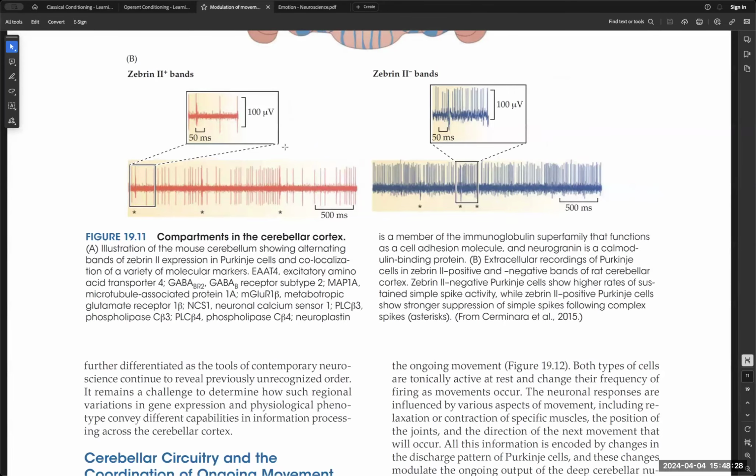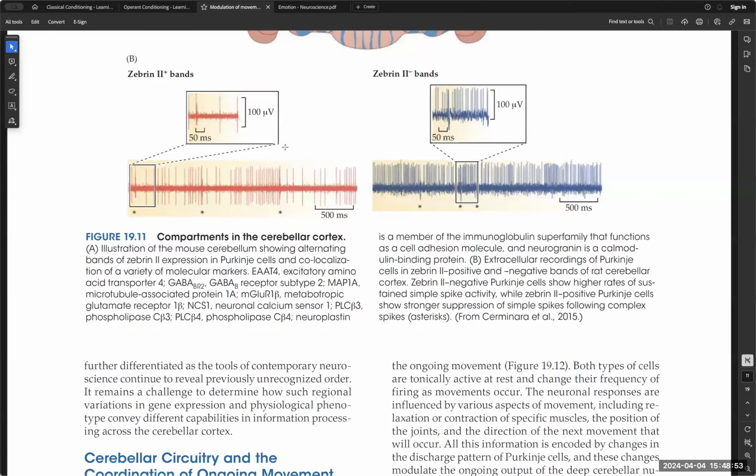Okay, so based on this, we see that these Zebrin positive bands of Purkinje cells are much more responsive to the climbing fibers. The Zebrin 2 negative bands are much more responsive to the granule cells. Okay? What does that mean functionally? It means one is more responsive to the sensory input and the other is more responsive to the error correction.